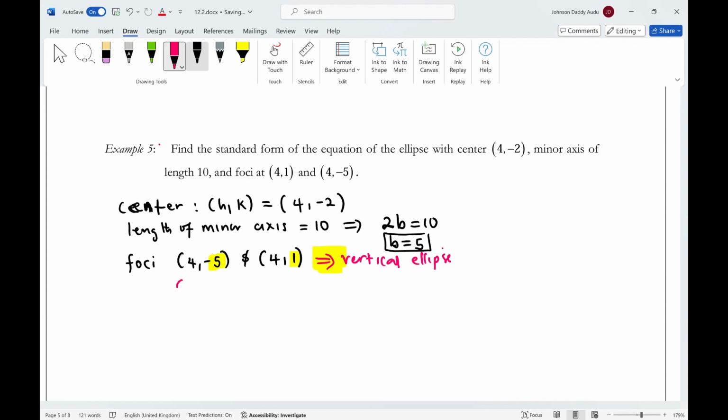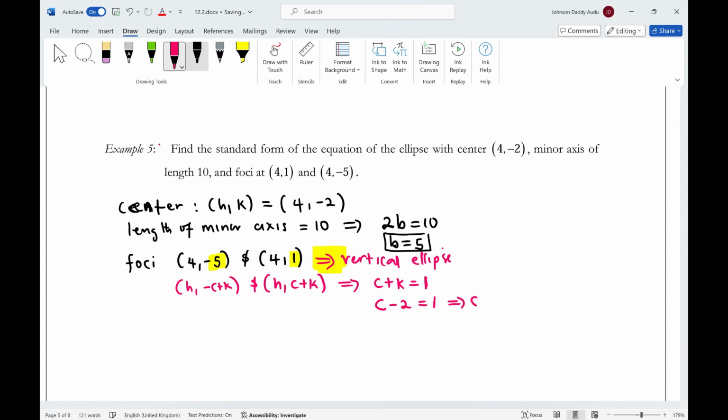How do we know this one? You see the foci are (h, -c + k) and (h, c + k), where h is still fixed. So it means that c + k is equal to 1, right? But we know what k is already. This is k, so c - 2 is equal to 1.